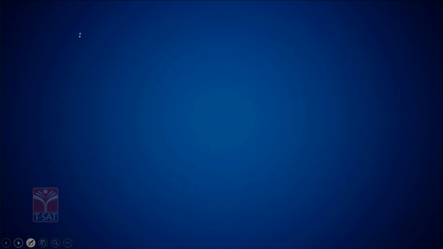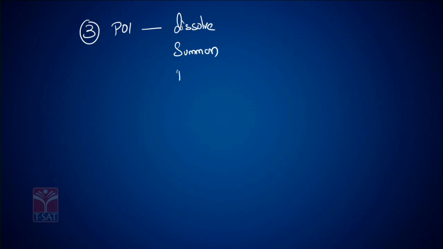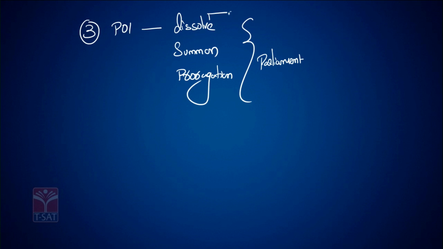Point number 3: The President of India has the authority to dissolve, summon and prorogue Parliament. Of course, dissolve only Lok Sabha, as per the advice given by the Prime Minister.